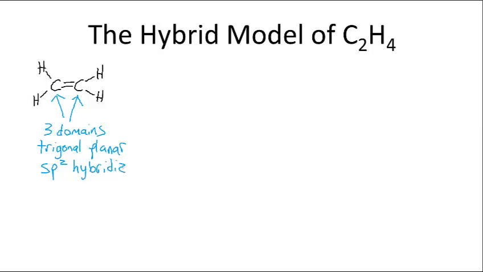Now, why is it important that they have 1 leftover p orbital? Well, in a double bond, I should have 2 different kinds of bonds. The double bond is going to consist of 1 sigma bond and 1 pi bond.